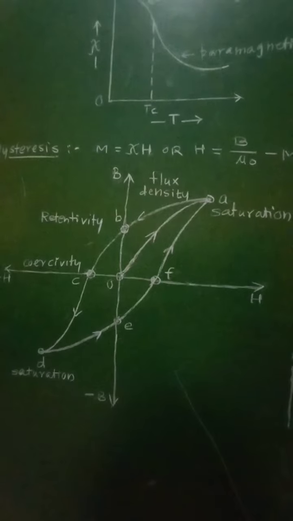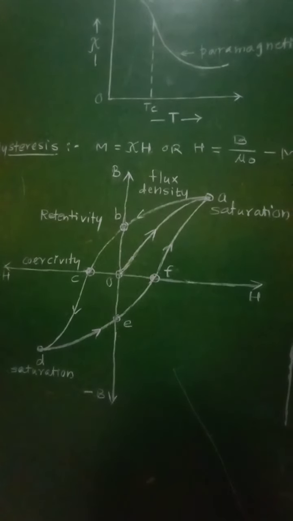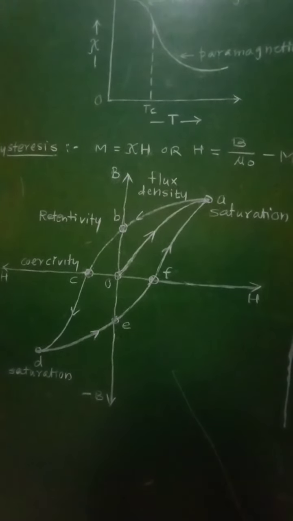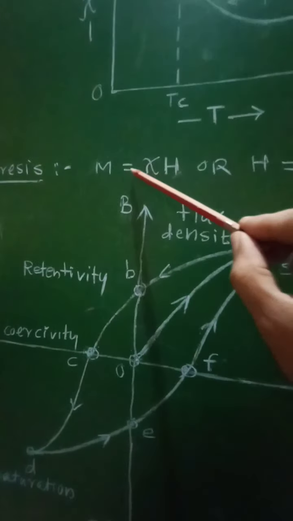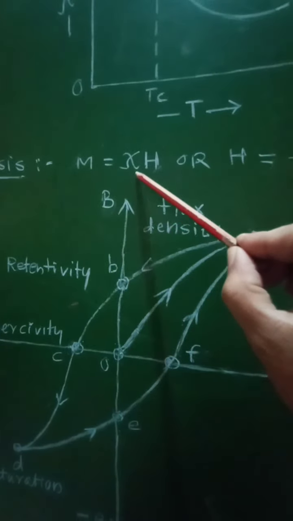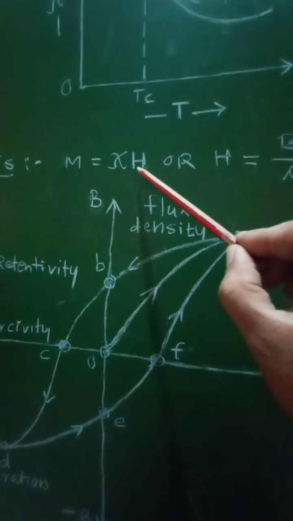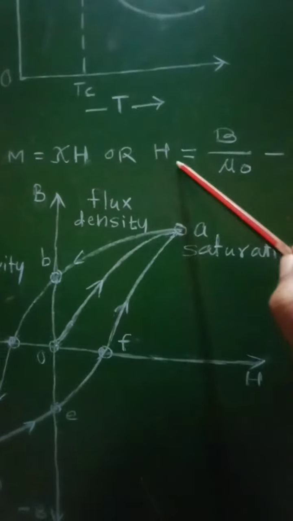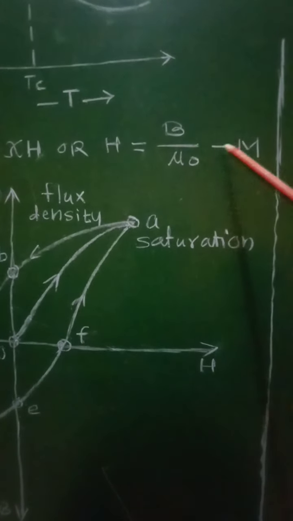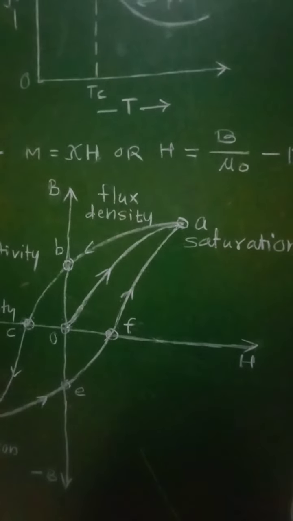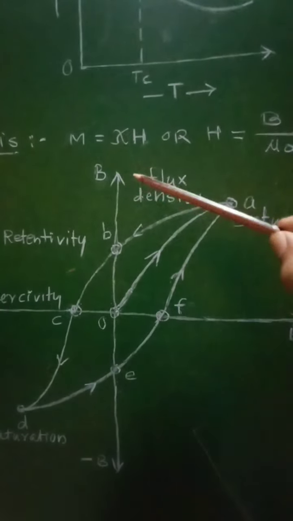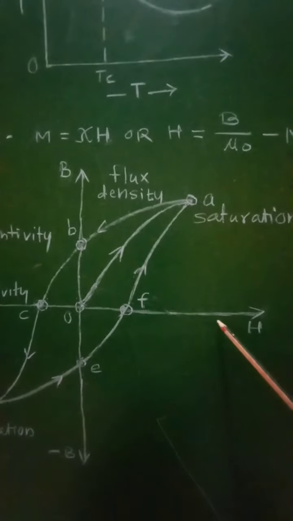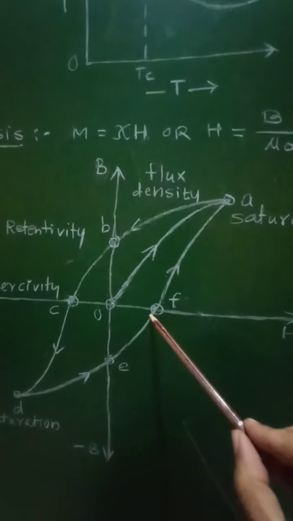Now knowing the value of susceptibility of the material of that rod, the magnetization M of that rod can be easily calculated by using this formula, that is, magnetization M is equal to susceptibility χ into magnetic intensity H, where H is equal to B upon μ0 minus M. Now, if you consider this graph, then in this case, the graph of magnetic field B against magnetic intensity H is plotted.